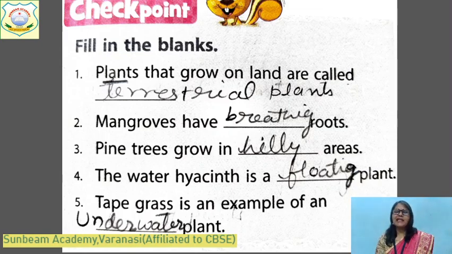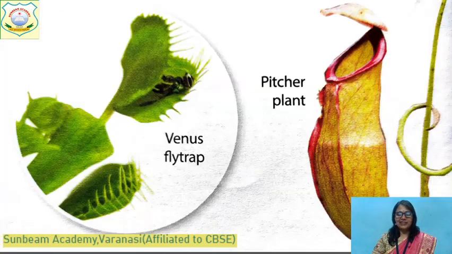And the tape grass is an example of an underwater plant. Yes, hydrilla and tape grass are the examples of plants which grow underwater. It is also an aquatic plant. Then what we have learned, that plants that grow on land are called terrestrial plants, and the plants that grow in water are called aquatic plants.